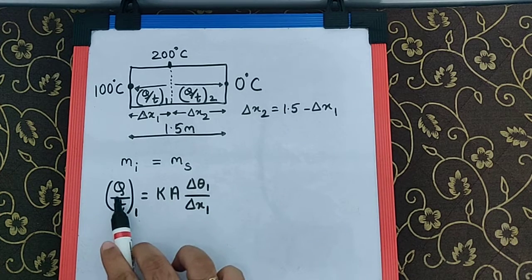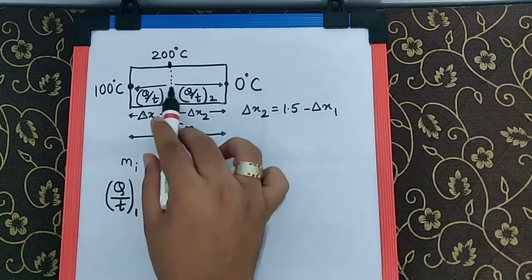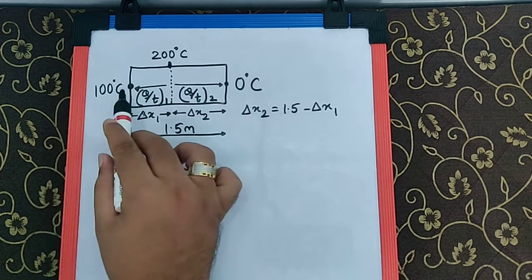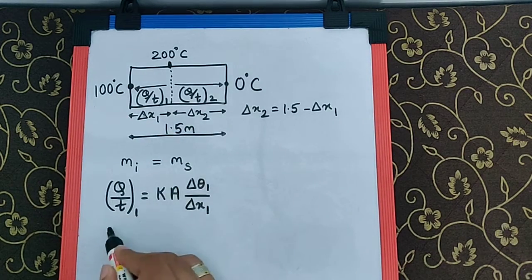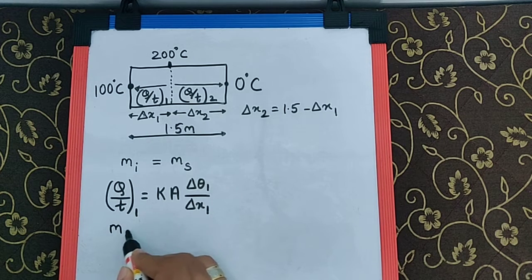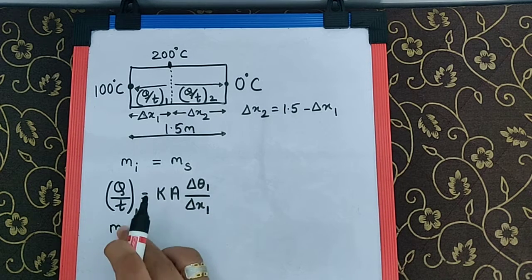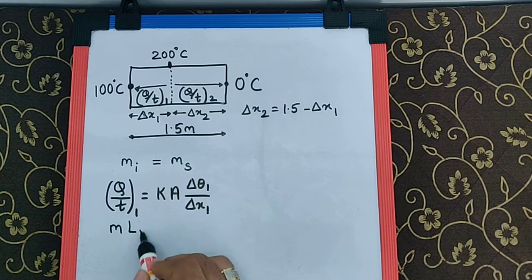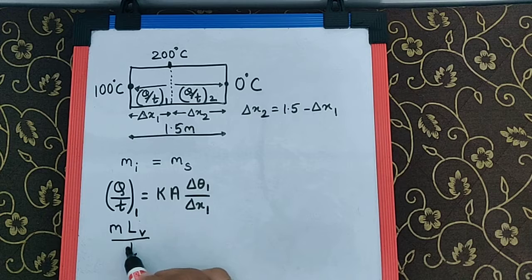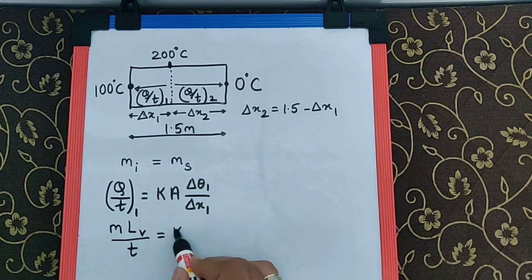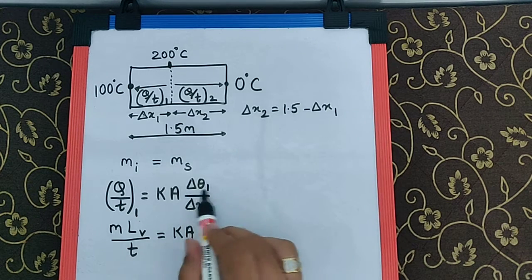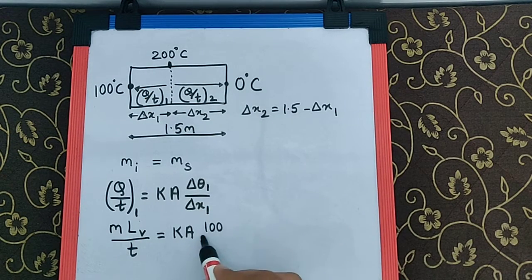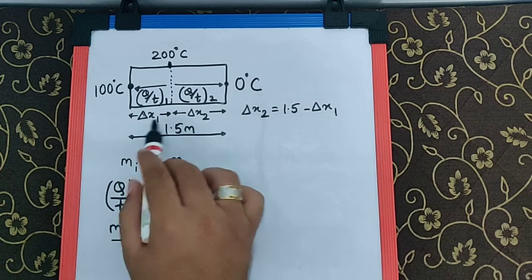So over here Q, which is heat transferred, is being used to convert the water into steam. So this is going to be mass of steam produced into latent heat of vaporization upon the time, which is equal to K A delta theta 1, which is 200 minus 100, which is 100 degrees Celsius, upon delta x1 as an assumed length.